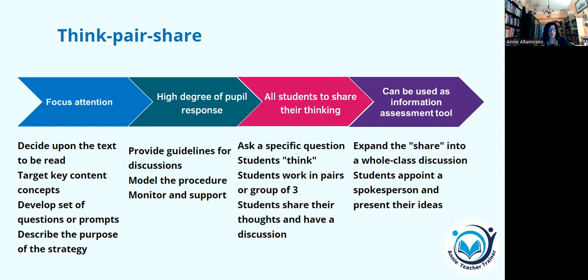If it is a reading, you can develop a set of questions or prompts that target key content concepts. Then you describe the purpose of the strategy and provide guidelines for discussions. Importantly, model the procedure so that students understand how to use this strategy, and monitor and support as they work through the activity.